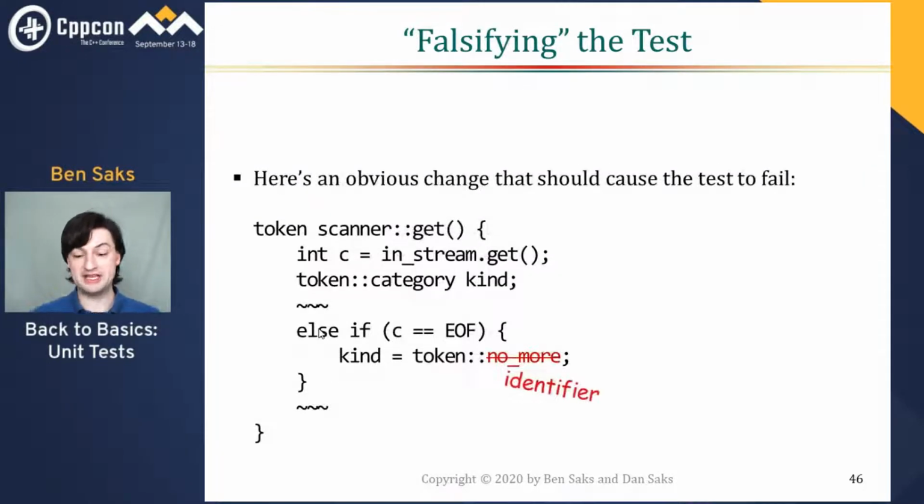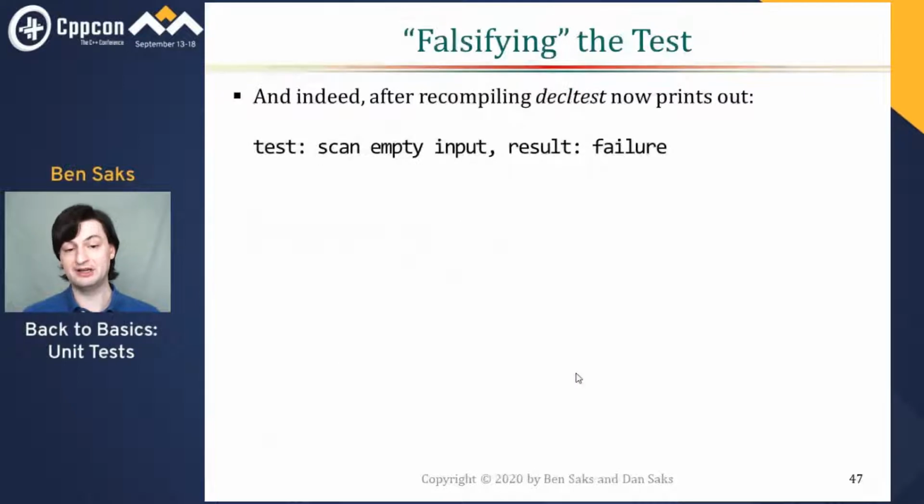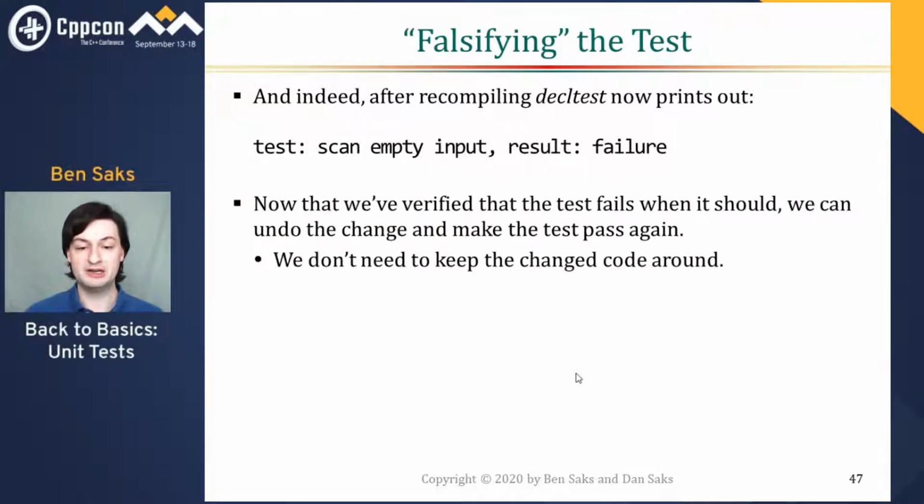So if we want to make this test fail, we need to change that code, replacing the value no more with some other value like identifier that represents a different kind of token. Then we can go ahead and run our test. And what we expect to see is that the test now reports failure, because it's not returning the right kind of token on empty input.